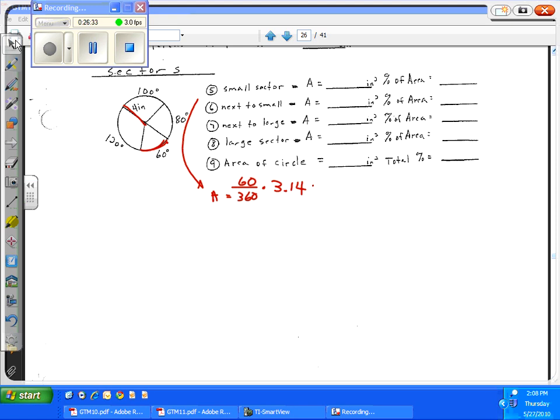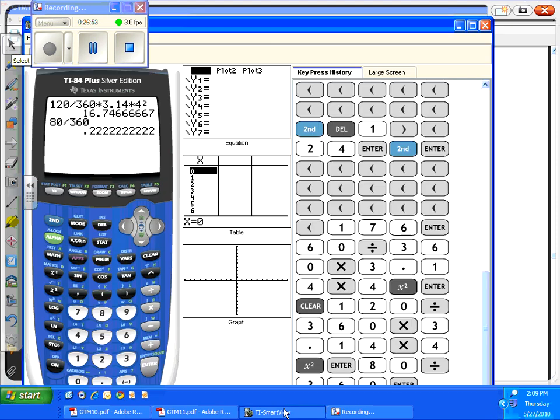The area of the sector is a fraction of the area of the circle. So it's 60 over 360 times pi times radius squared. And so we're going to go 60 divide 360 times pi times 4 squared.